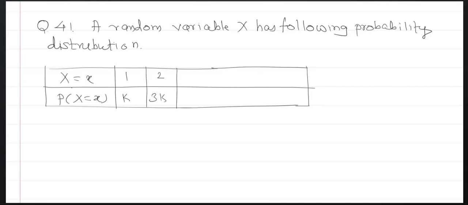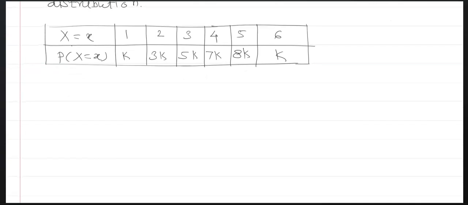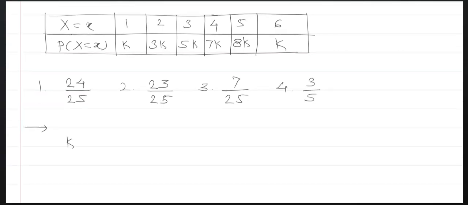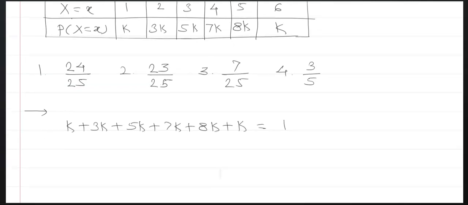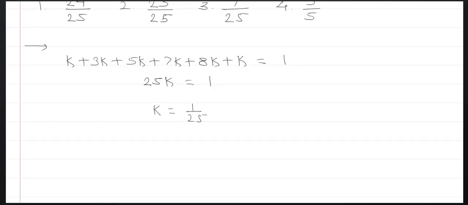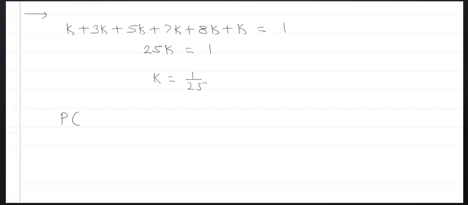The values of capital X are 1, 2, 3, 4, 5, 6, and P of x is k, 3k, 5k, 7k, 8k, k. The sum of all is k plus 3k, 5k, 7k, 8k plus k, that is 25k is equal to 1, so k is equal to 1 upon 25.